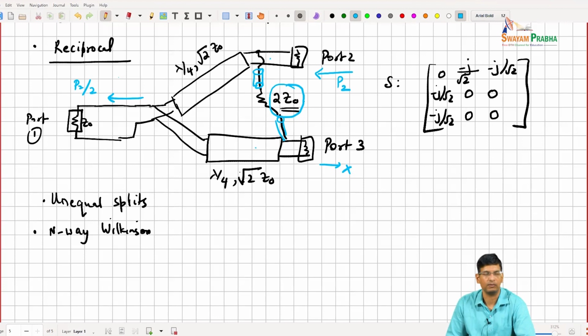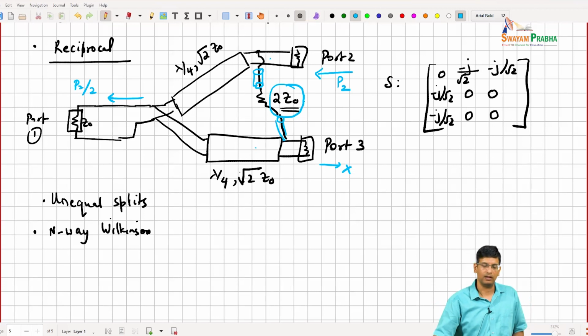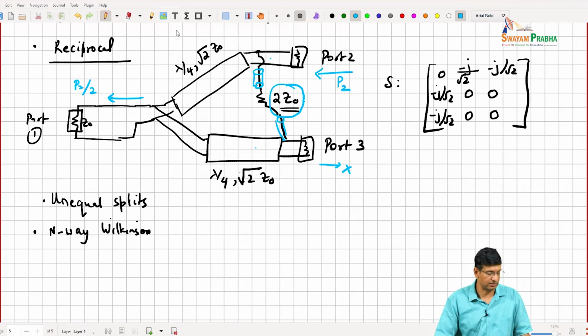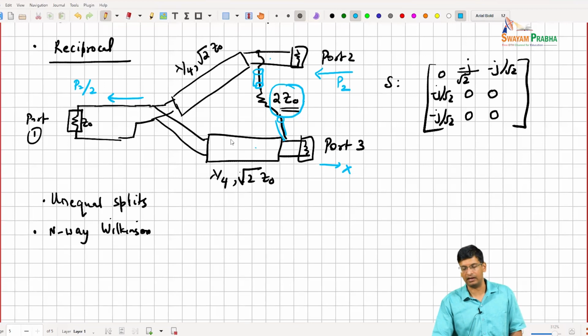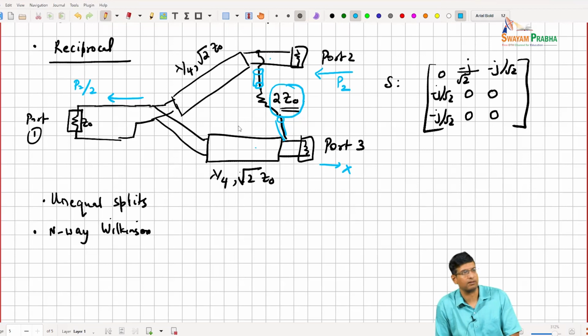At millimeter wave, that kind of modeling is important to get performance that matches this. This is a pretty wideband combiner slash splitter. It's very widely used for signal distribution at millimeter wave on chip.